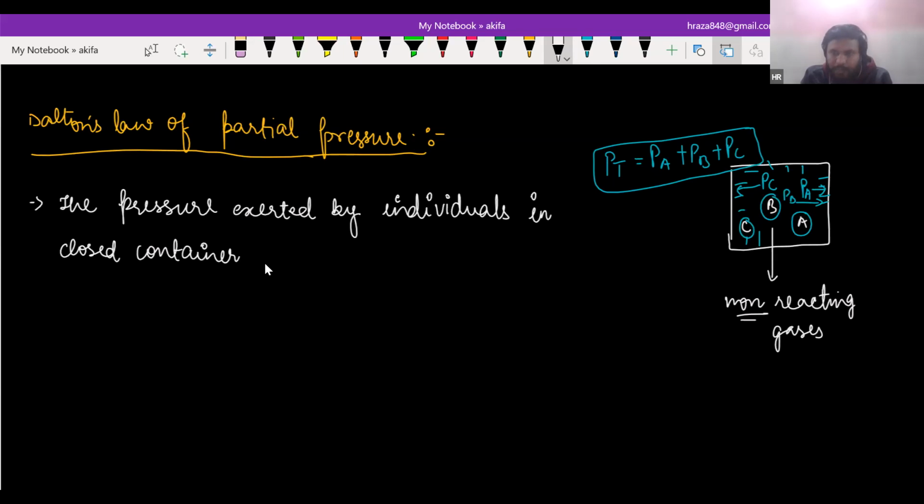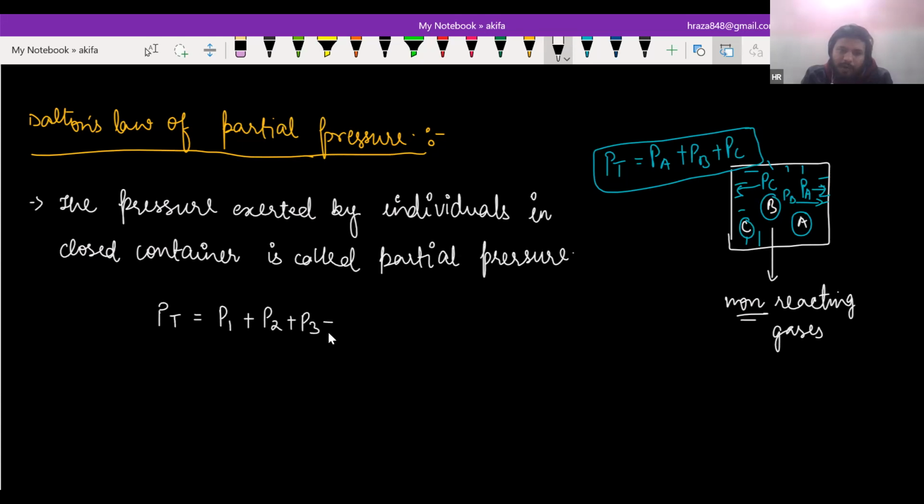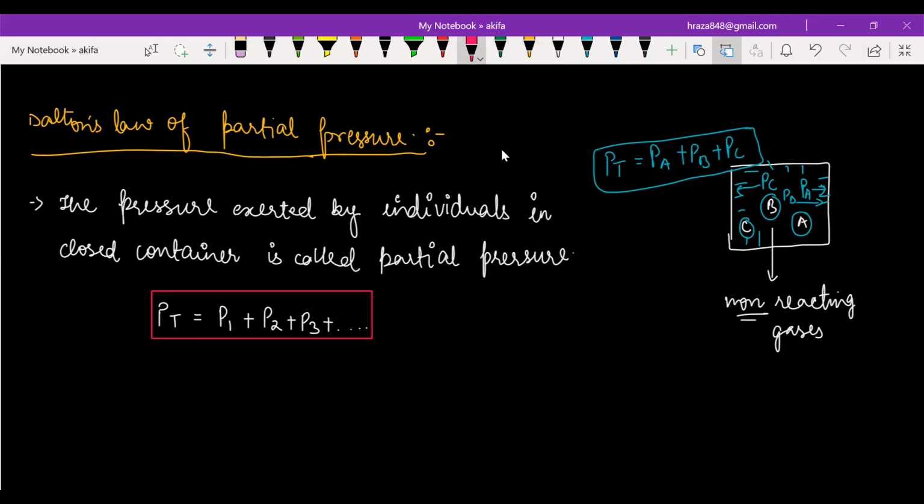The individual pressure of a gas in an enclosed container is called partial pressure. So according to Dalton's law, basically total pressure is equal to the sum of all the partial pressures. Only there is one condition, that these gases should be non-reacting.